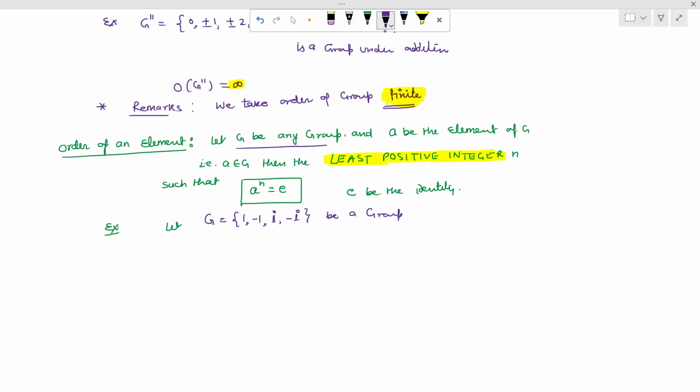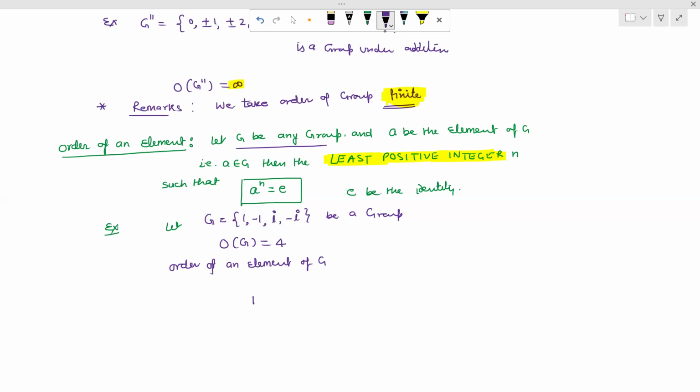So first we take an example which is a group, then we calculate the order of an element. We calculate the order of each element of G. G has 4 elements, so the order of the group is 4. Now we calculate the order of elements of G.